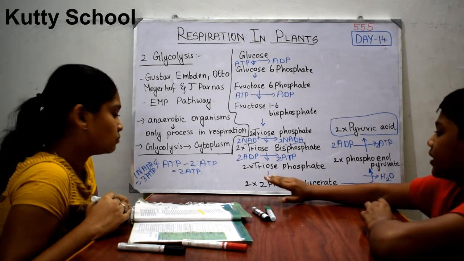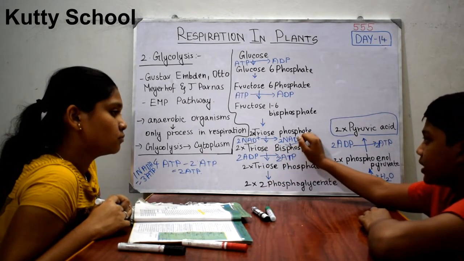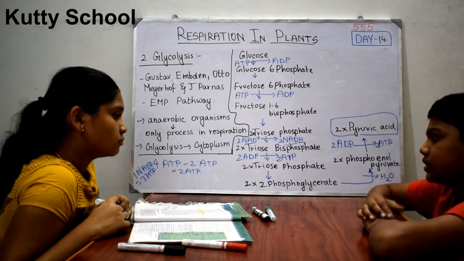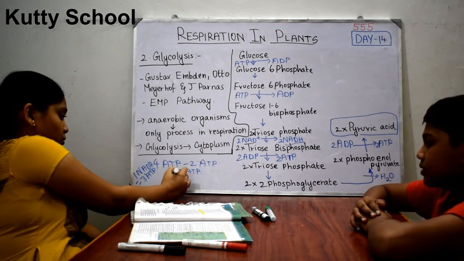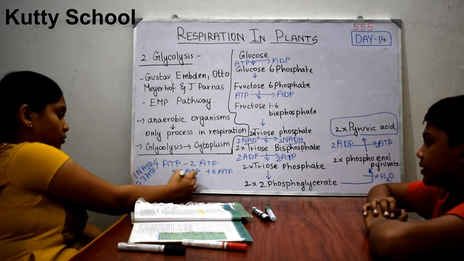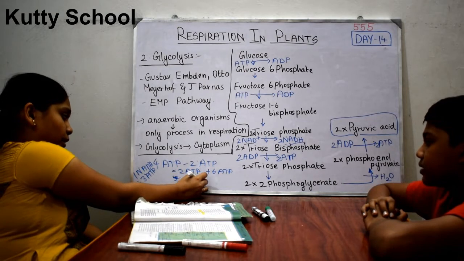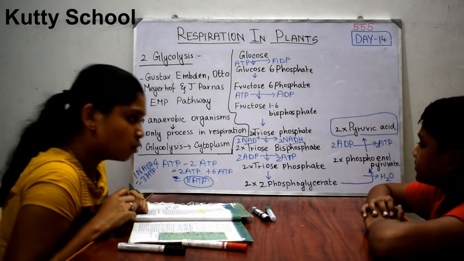For 1 NADH, 3 ATP are produced; for 2 NADH, 6 ATPs are produced. So it is plus 6 ATP. Therefore the net gain of ATP is equal to 8 ATP. In glycolysis 8 ATP are formed for one glucose molecule.